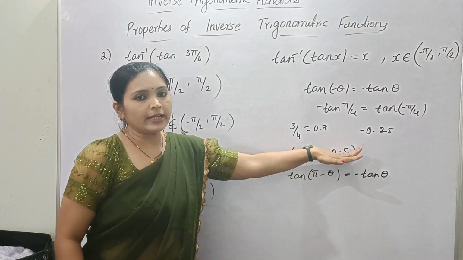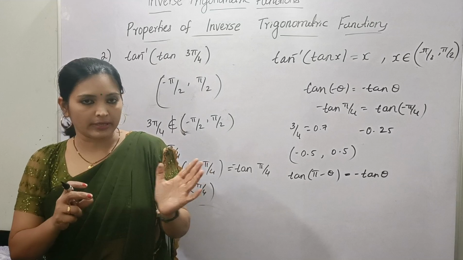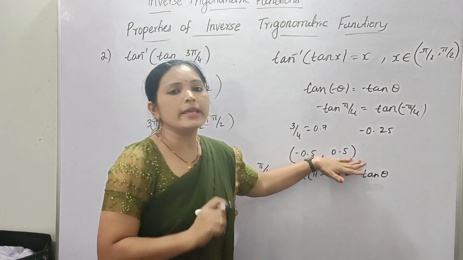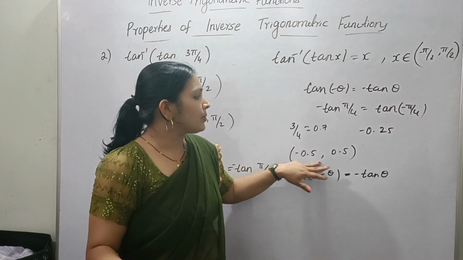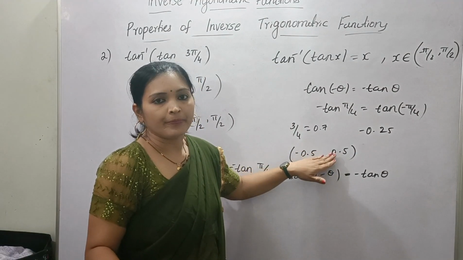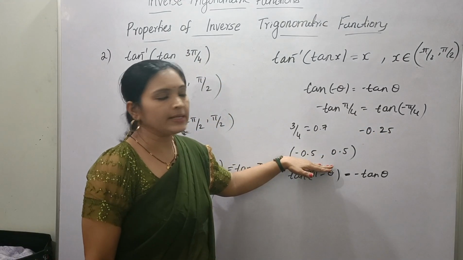See, it is increasing, right? On the left side the value goes negative, and on the right side the value increases. So minus 0.25 will be somewhere here, therefore it belongs to this interval, isn't it?